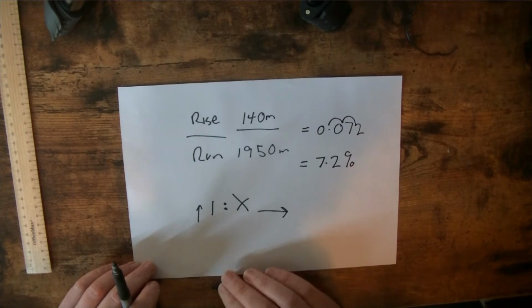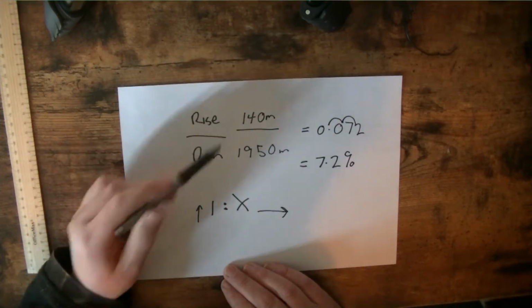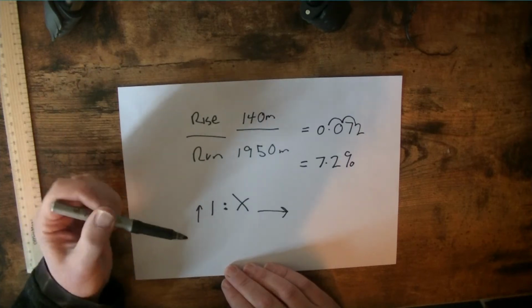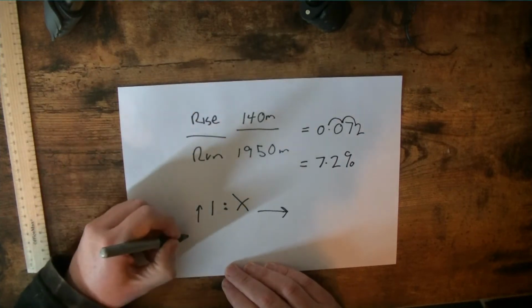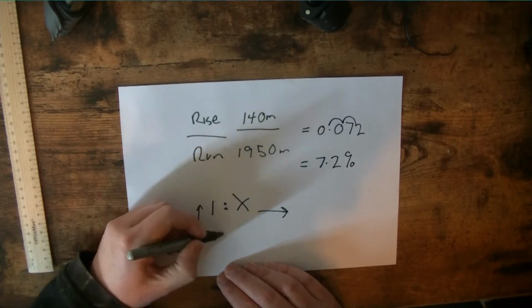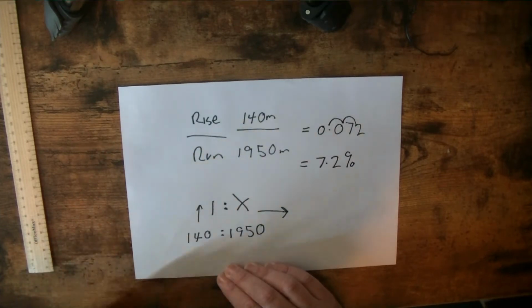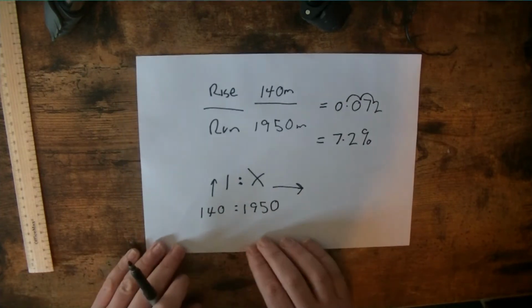So we know if we've got our rise of 140 and our run of 1,950, that ratio would be 140 as to 1,950. Again, that's kind of meaningful because you can now picture that in your head: for every 1,950 meters you go along, you go up 140.